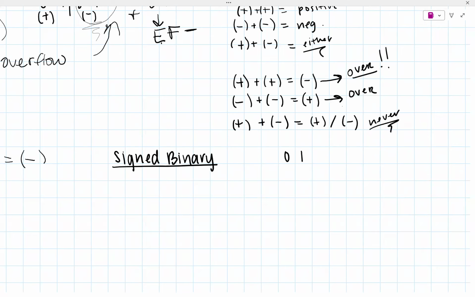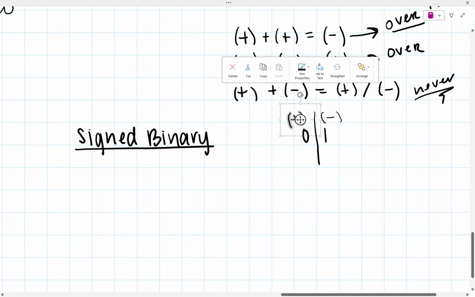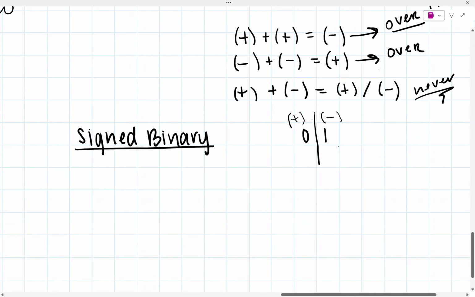There's only two numbers we can have, but we'll half it. First half, which is 0, is going to be positive. Second half is negative. Right? So if we see a number start with a 1, then that is an indicator that that number is negative. If it starts with a 0, the number is positive, right?